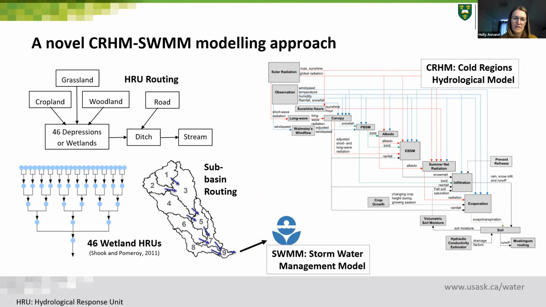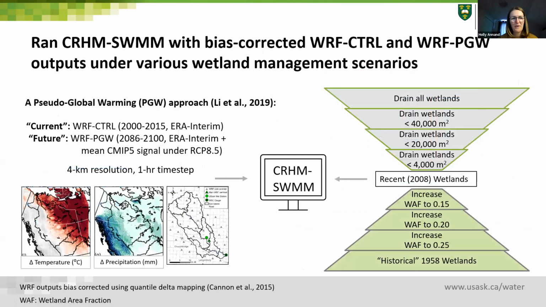So several different HRUs, again, having the conceptual network of 46 wetland HRUs that Kevin and John helped develop years ago as that fill and spill runoff simulation in the prairies. So then I ran the model with the bias-corrected outputs from the WRF model.